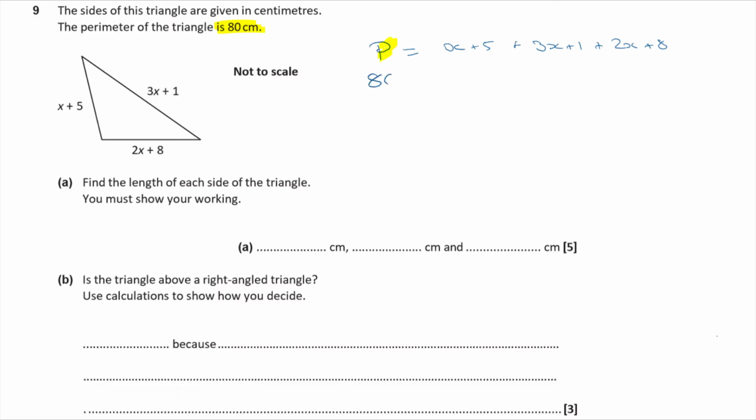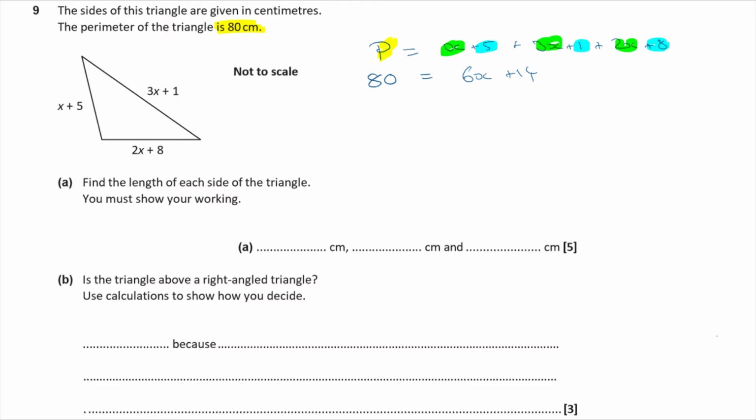So 80 is equal to, how many x's have I got? I've got x, 3x, and 2x, which makes 6x. And I've got 5, 1, and 8, which adds up to 14. So I've got 80 equals 6x plus 14.